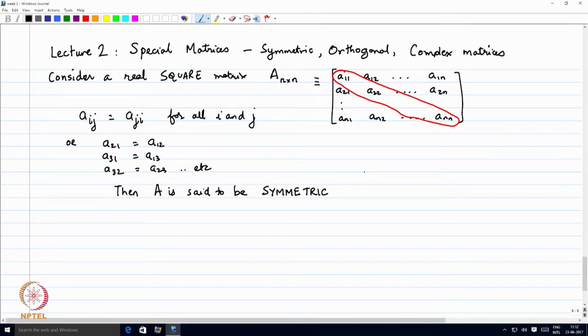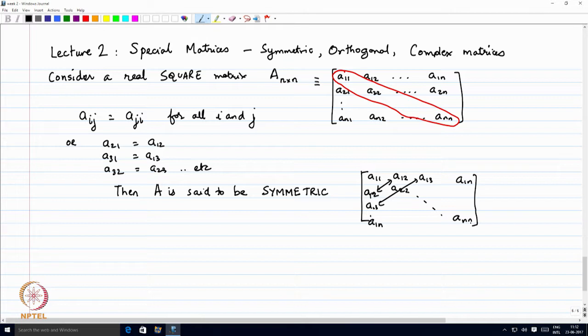It is very obvious what it will look like. You will have A11, A22 up to Ann along the diagonal. Then whatever you have here, A12, the same A12 you will have here, A13, A13, and so on, A1n, A1n. So, these two elements will be the same, and you can do this for all the other elements too.